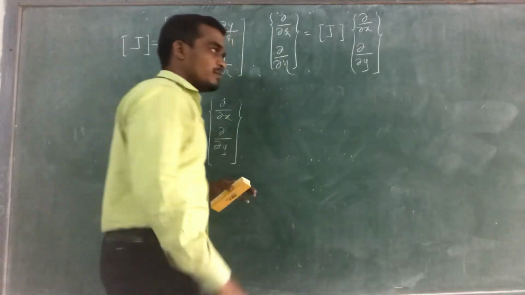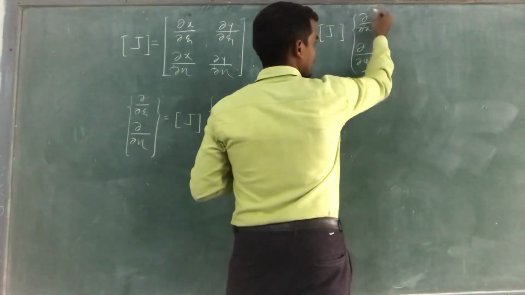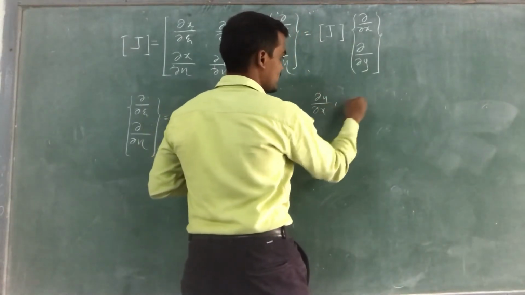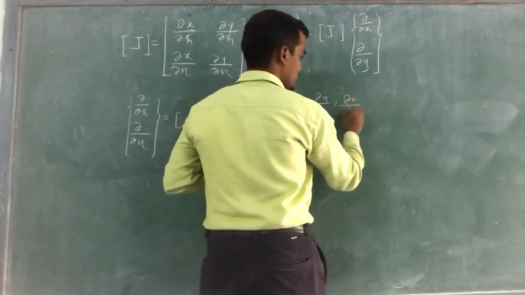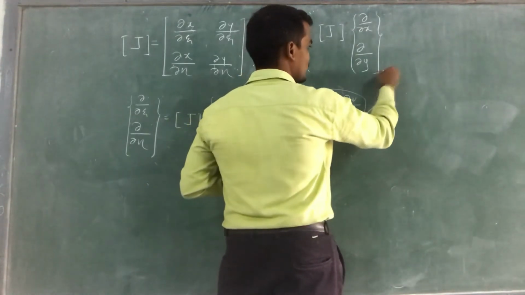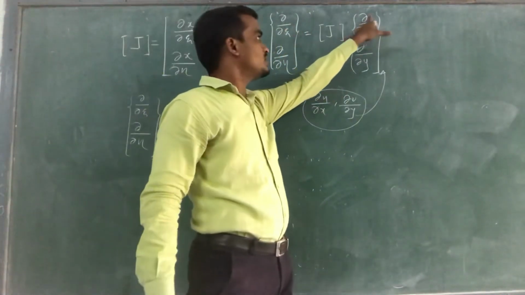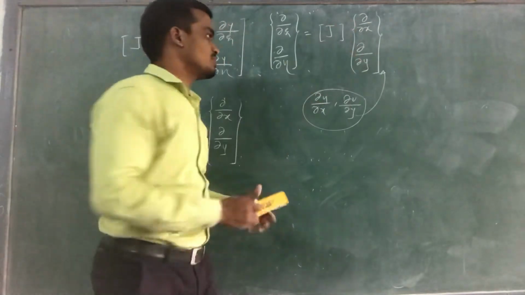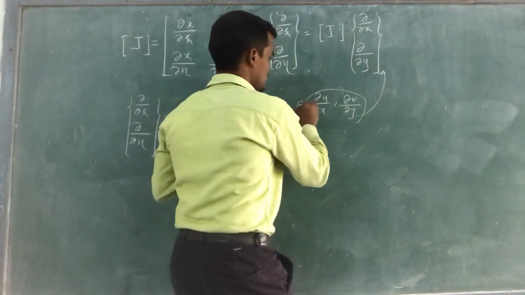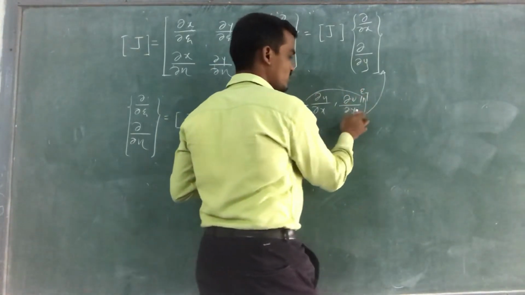Okay, our main motive is what? To find out this vector only, because ∂u/∂x and ∂v/∂y, these terms you will get from this vector only. So the main target is what? We need to get this ∂/∂x and ∂/∂y vector, because as we know, εx is equal to ∂u/∂x and εy is equal to ∂v/∂y.